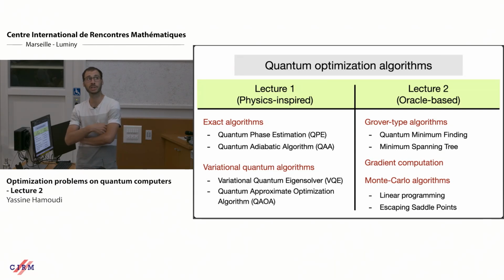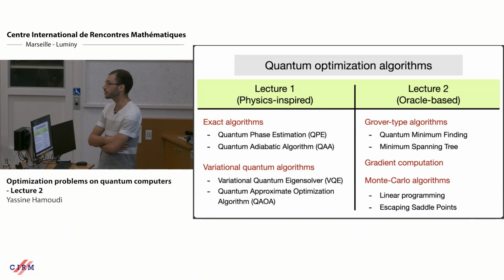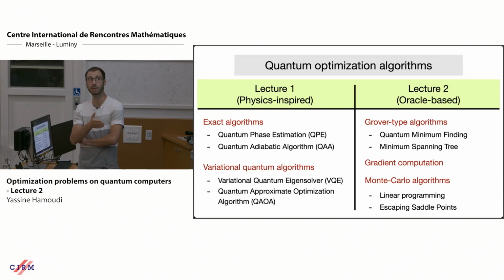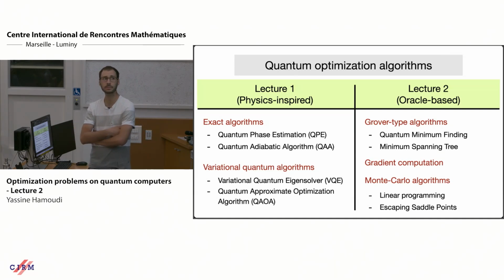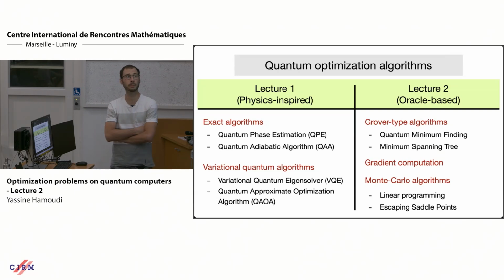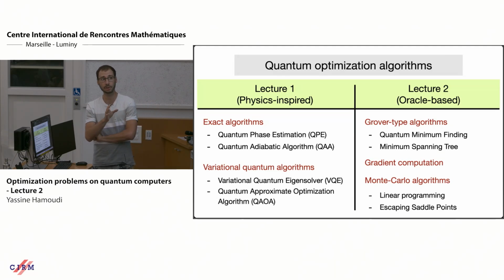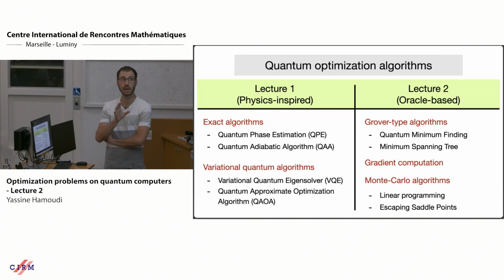First we'll cover some results about algorithms that are based on the so-called Grover search technique, and we'll see applications to minimum finding and minimum spanning tree. Then we'll see a quantum algorithm for computing the gradient of a function, which is an important object in optimization theory. And finally, depending on time, we'll cover some Monte Carlo algorithms, and in particular for solving linear programs and escaping saddle points.